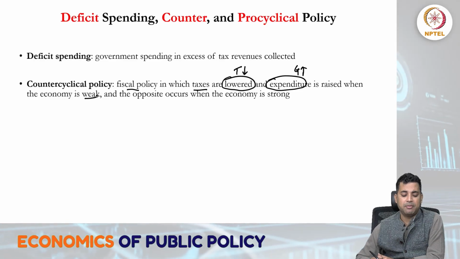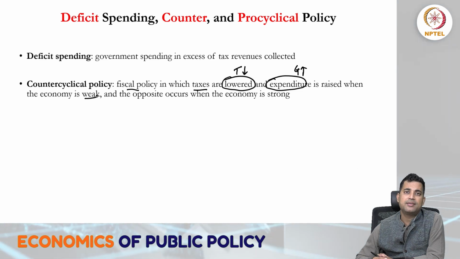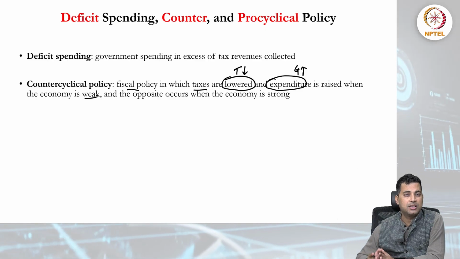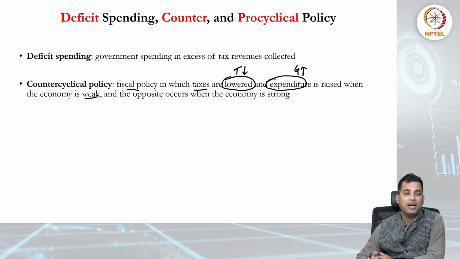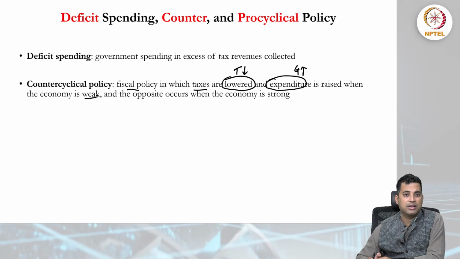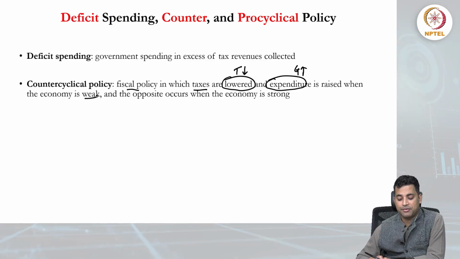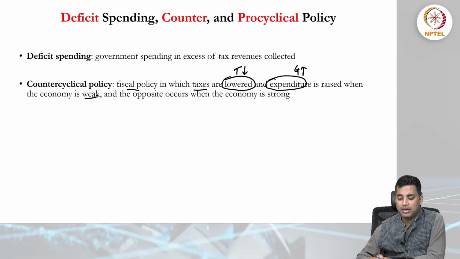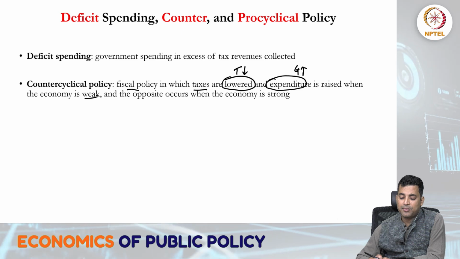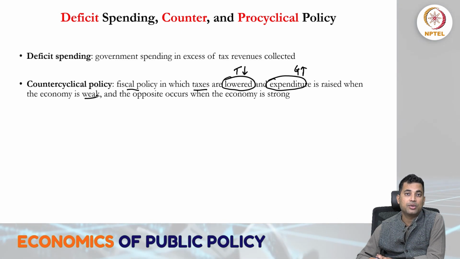It's quite self-explanatory, but still, imagine the situation where a recession is happening, or say the recent past, during and post COVID-19. If you compare with the pre-COVID situation, you can clearly see what we are talking about in terms of counter cyclical policy. There, tax was lowered so that the economy could be boosted, and government expenditure was very high in order to increase total aggregate demand.